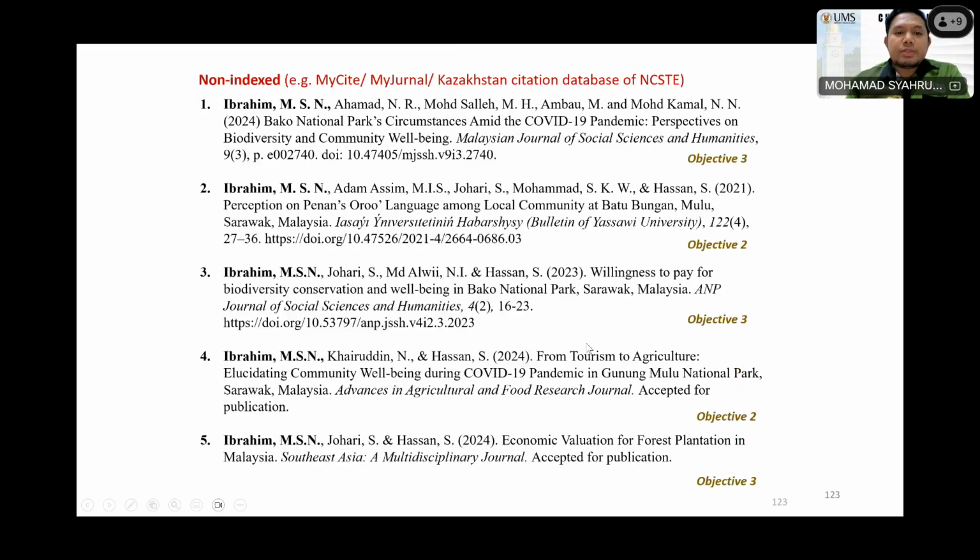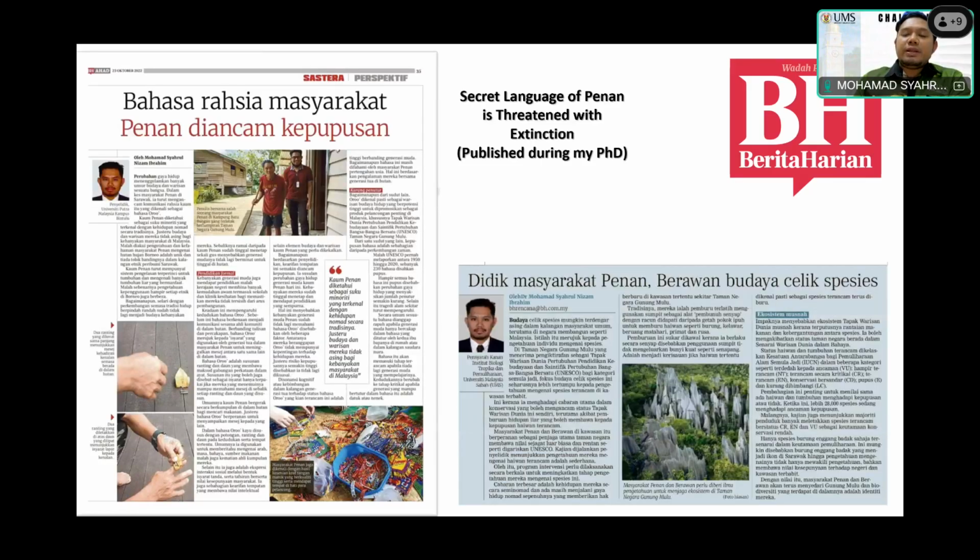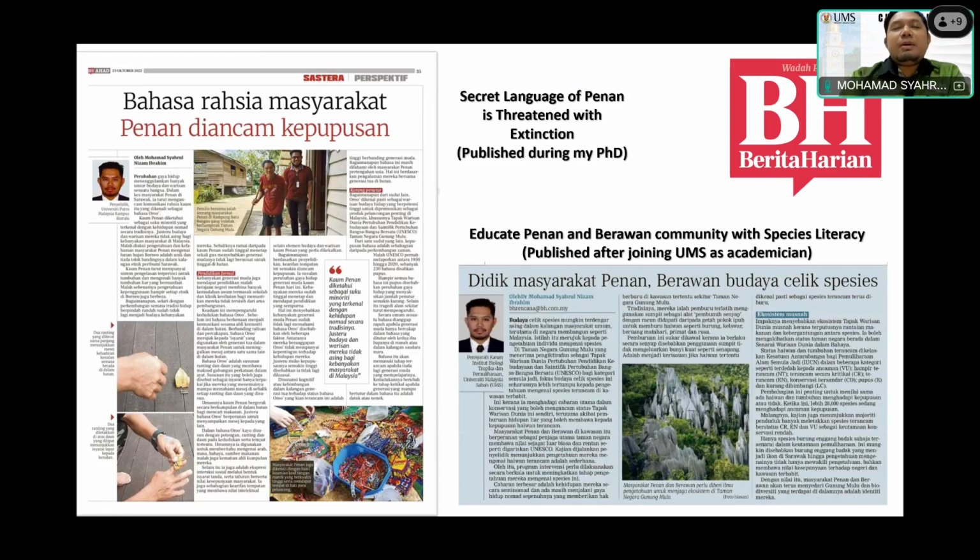Science corpus, and of course non-indexed, I also have non-indexed publications, maybe with very thin data, and I want to share something. Yeah, I have this paper. After you're done with your research, you share it with the academic community, right? This is for the layman, a national newspaper in Bahasa.